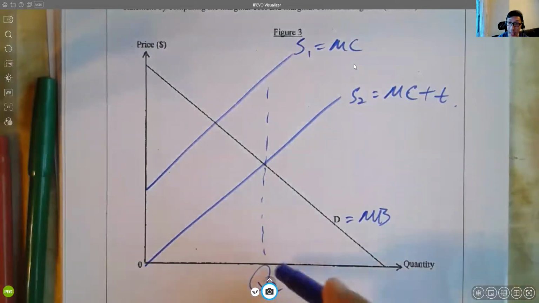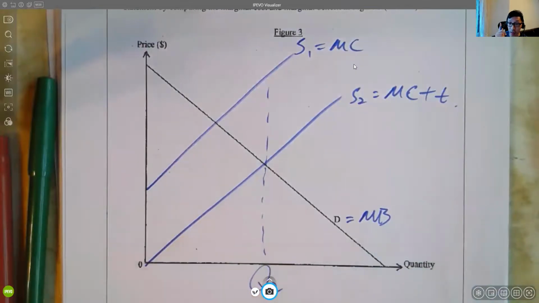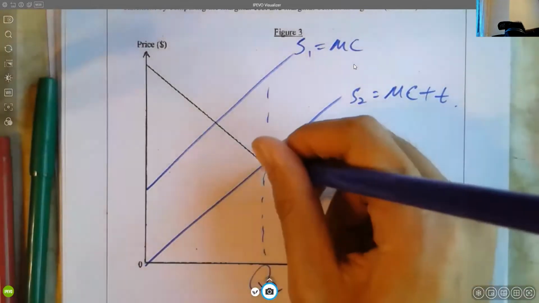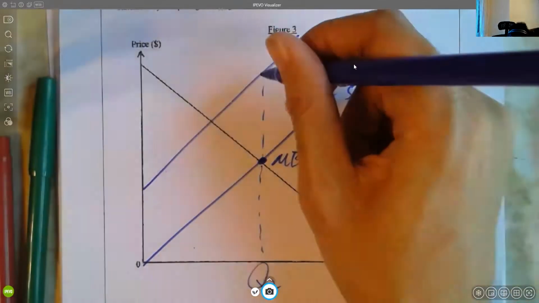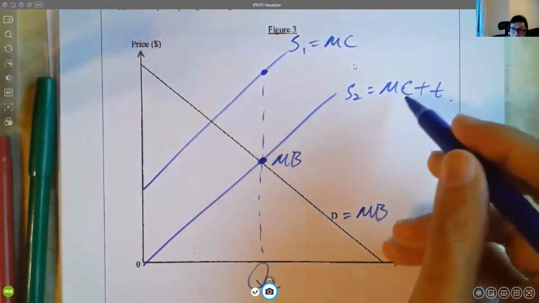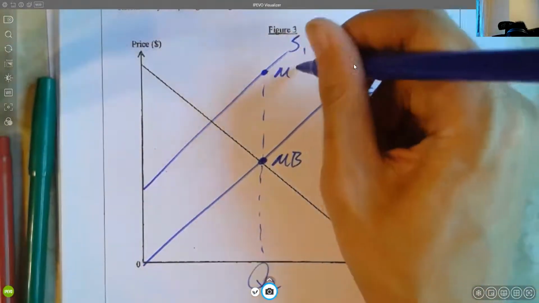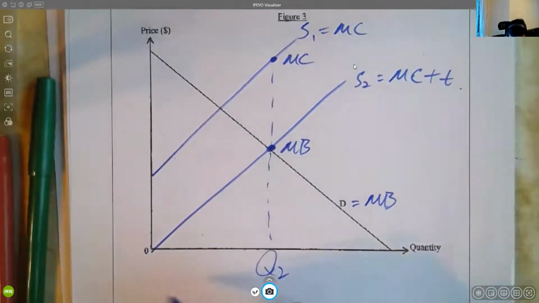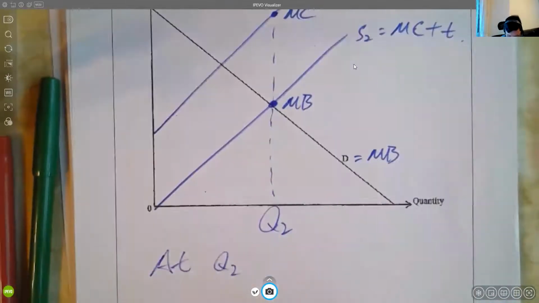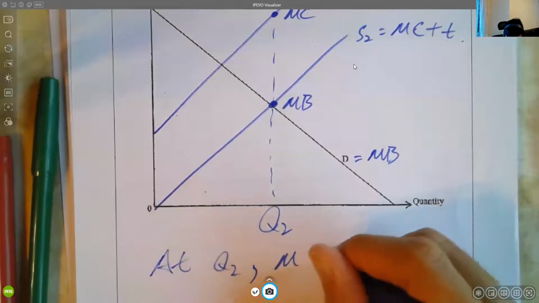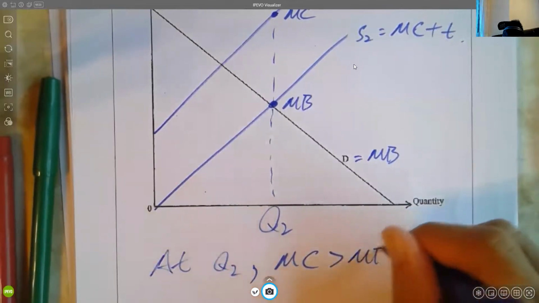First point, at Q2, what is the MB? MB is right here. MC is right here. 嗱唔係呢條 curve 係呢條 curve 啊。MC is right here. Do you see at Q2, what happened? MC is bigger than MB.